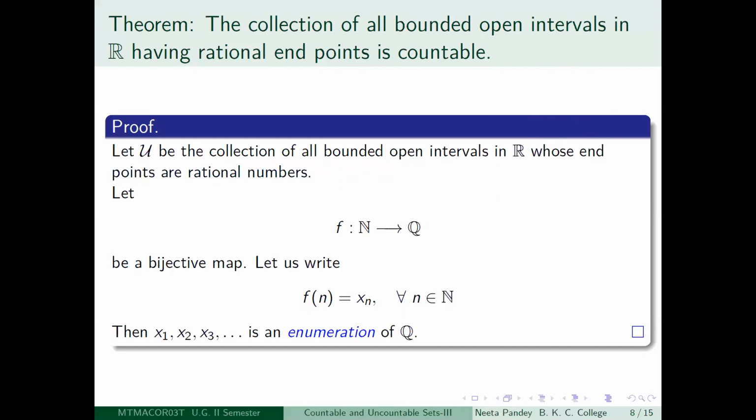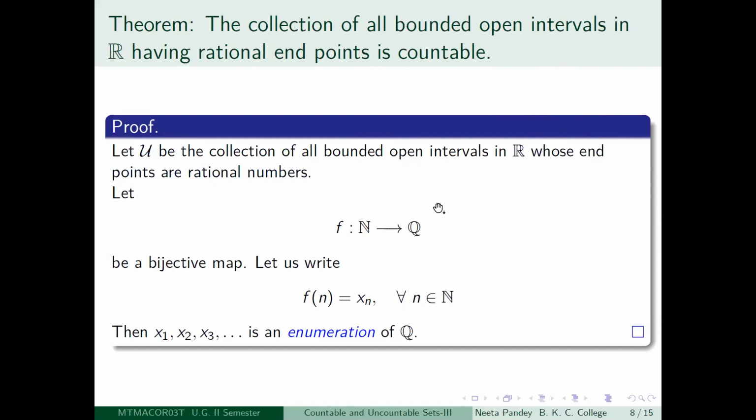This is what you want to prove. That collection we give a name: script U. So script U means the collection of all bounded open intervals whose endpoints are rational numbers.